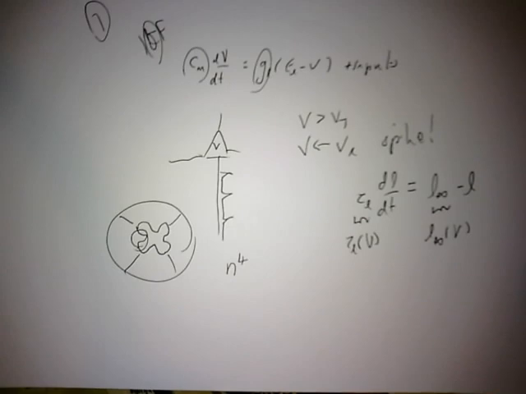But a lot of the dynamics, and certainly the dynamics we're interested in here, is well approximated by thinking of the 4 subgates as independent. So we're going to look at the equation for the probability of one of the subgates being open, approximating the probability of all 4 being open with n to the power of 4.